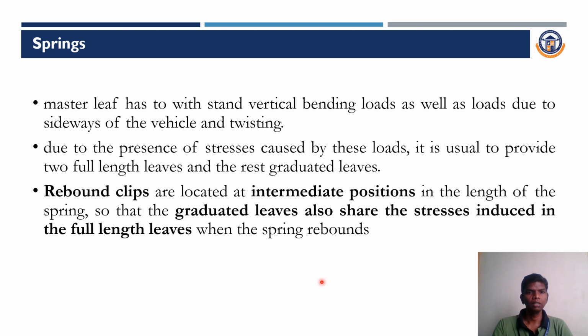The master leaf has to withstand a very high vertical bending load as well as a load due to the side weight of the vehicle and the twisting. Due to the stresses caused by these loads, it is usual to provide two full length leaves, the rest graduated leaves. Rebound clips are located at intermediate positions along the length of the spring.